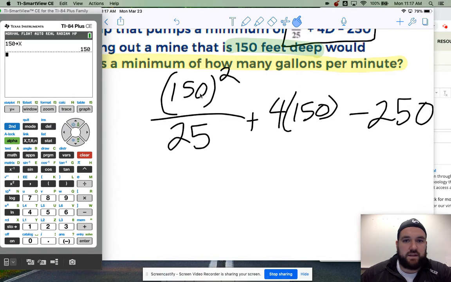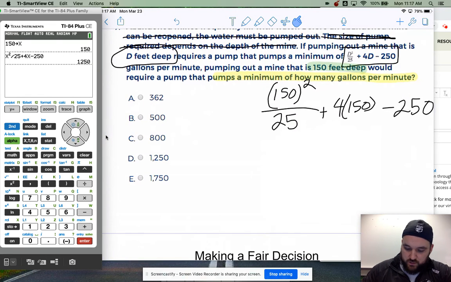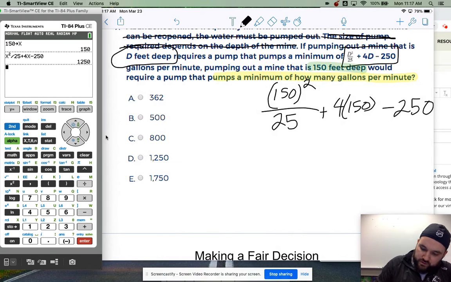And what's nice about that is then I can just type out this expression using X. So X squared over 25 plus 4 times 150, which is X, minus 250. And I get 1,250. And sure enough, that is an option on my multiple choice possibilities.